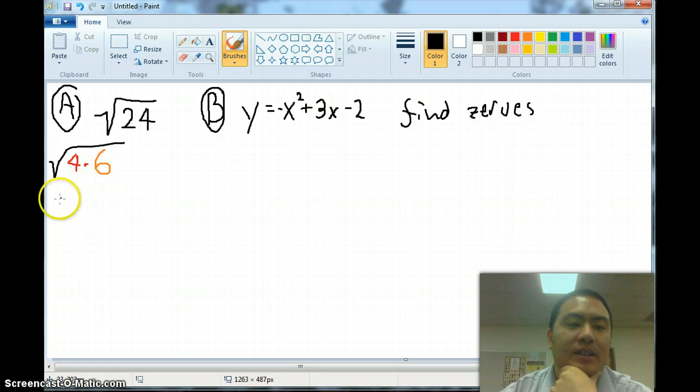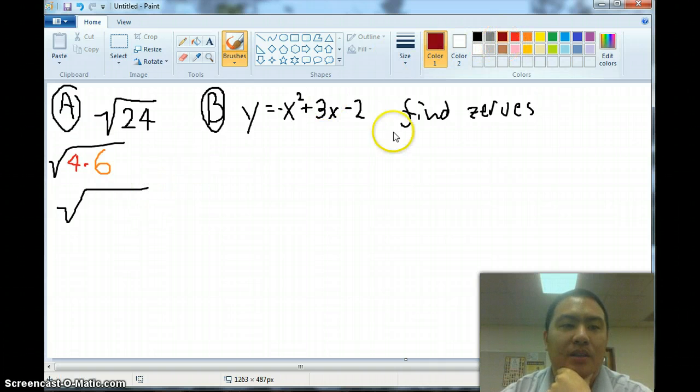This is the same thing as the square root of 4 times 6, which is also the same thing as the square root of 2 times 2 times 6, which I'm going to write as 3 times 2.